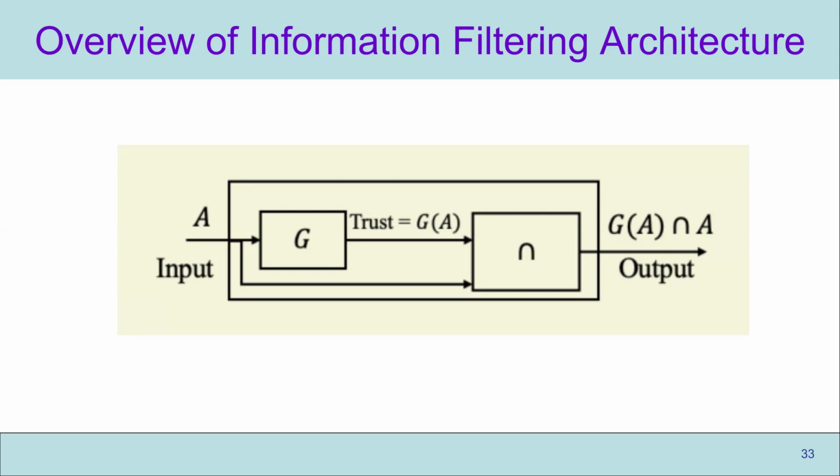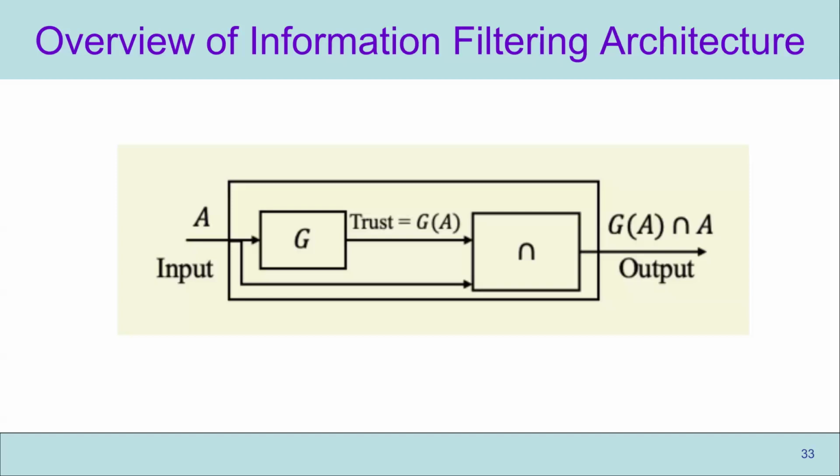A very simple way of doing this, where the output is a subset of the input, is to have some kind of transformer, some kind of generator, and then simply take the intersection. If you take the intersection, of course, you know that the output will be included in the input. Okay, is this clear?